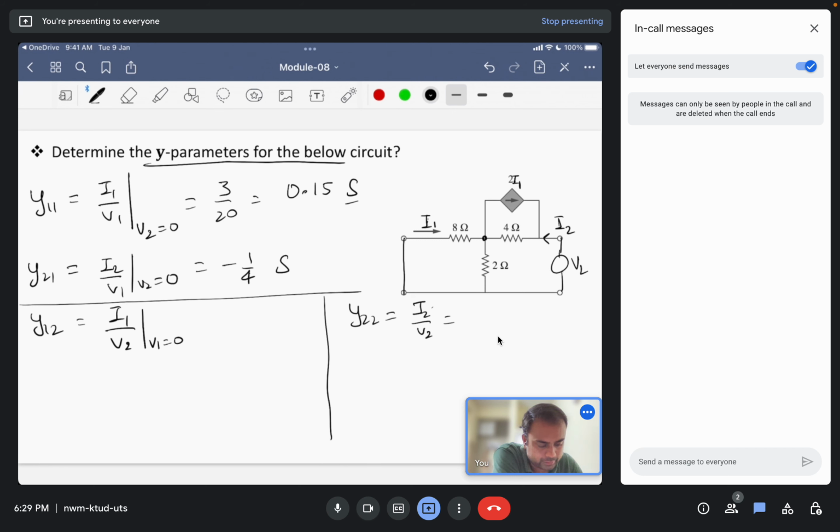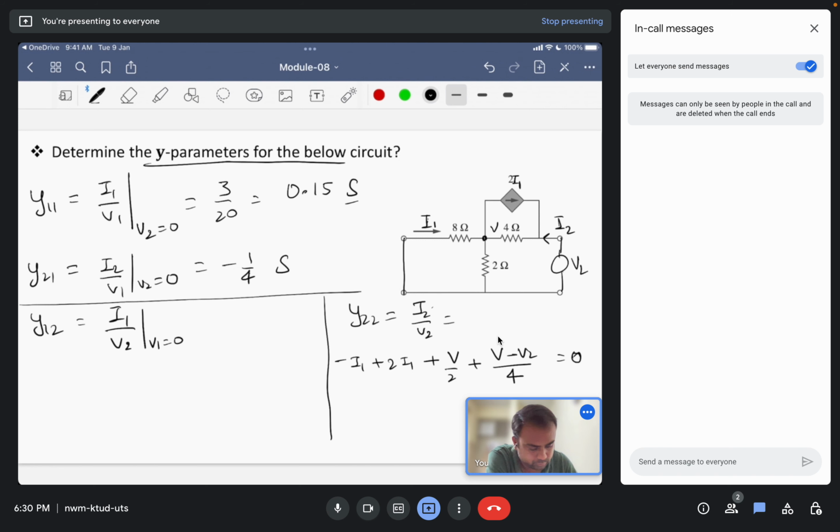So let us calculate first of all y22. So V2 here, so from the node we can write at the node minus I1 plus twice I1 plus V, so this node is at V voltage, by 2 plus V minus V2 by 4 is equal to 0.